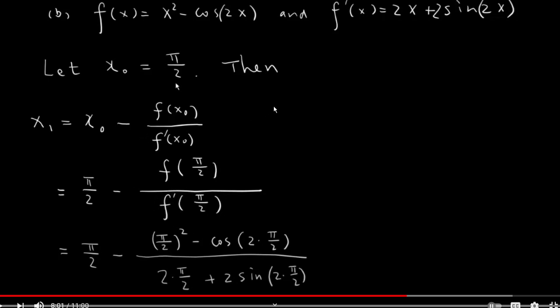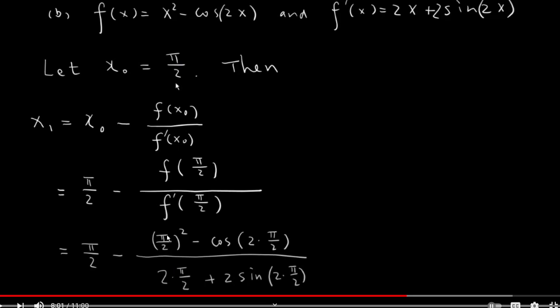Okay. Now let's look at some details. x1 is computed from x0. You know the formula, right? x0 is half pi. And then for the quotient part, the value of the function at half pi, you just plug half pi into the given function. The given function is here, x squared minus cos of 2x.